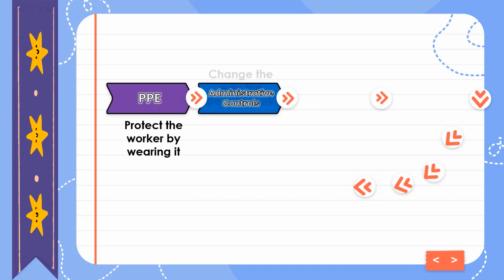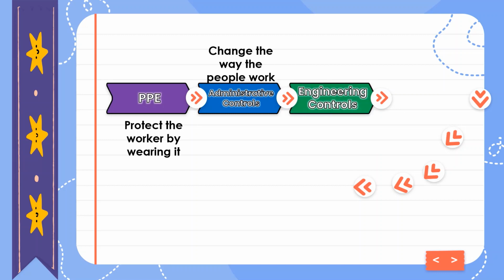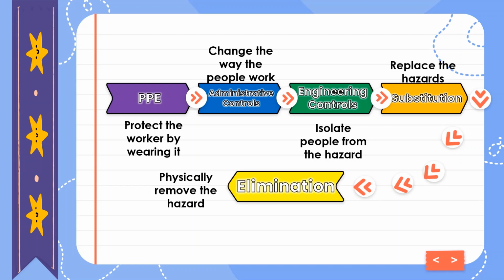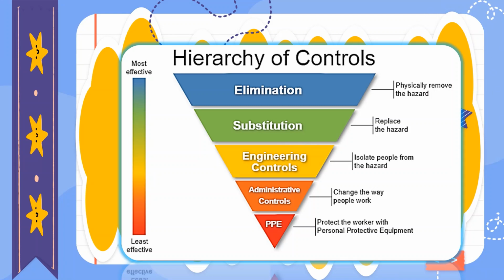Administrative controls change the way the people work. Engineering controls isolate people from the hazard. Substitution replaces the hazards, and elimination physically removes the hazard. Take note that the least effective method of controlling hazard and risk is by using PPE, and the most effective method is by elimination.